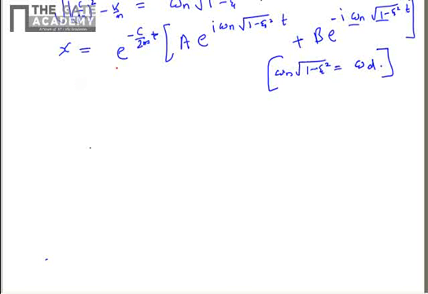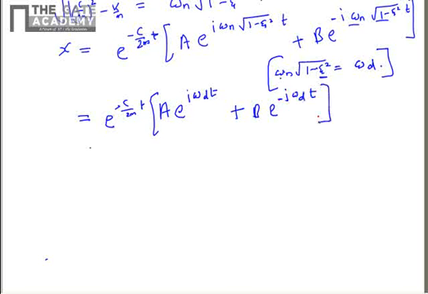This omega n is the natural frequency of free oscillation and ζ is the damping ratio. So if you substitute in this relation, we will get e to the power minus c by 2m t, then (A e to the power i omega d t plus B e to the power minus i omega d t).